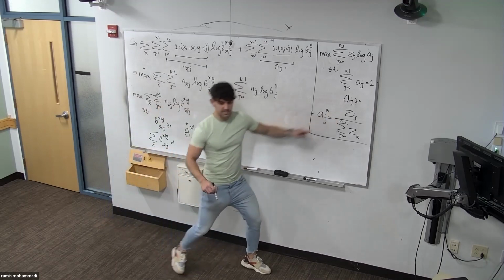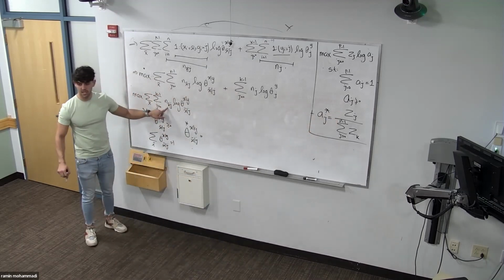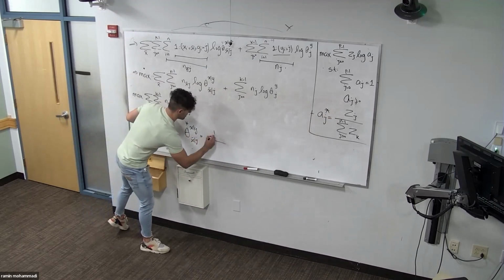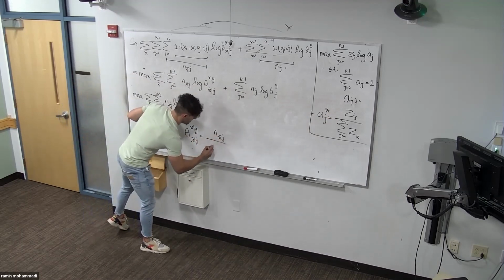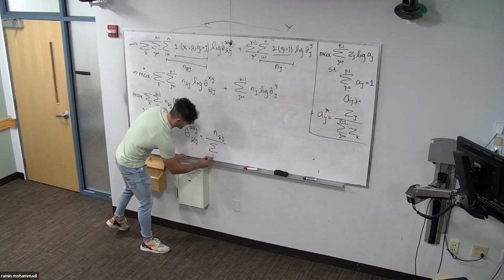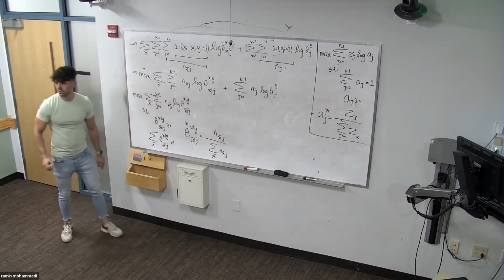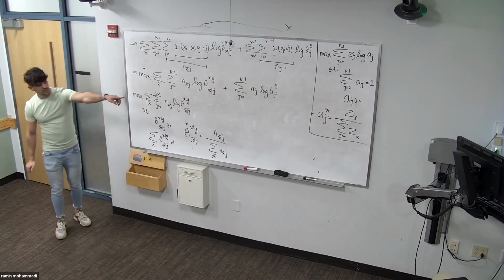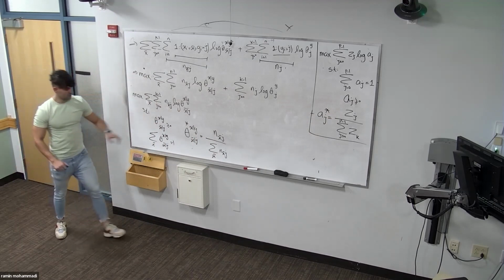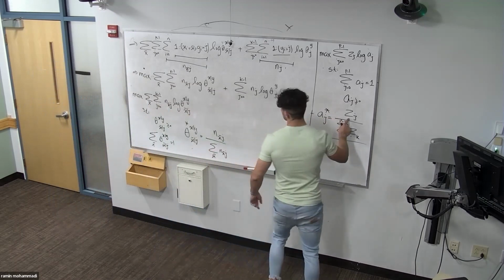What's Zj here? Nxj, right? Nxj divided by the sum over x bar of Nxj, right? The property. So Zj here is Nxj.